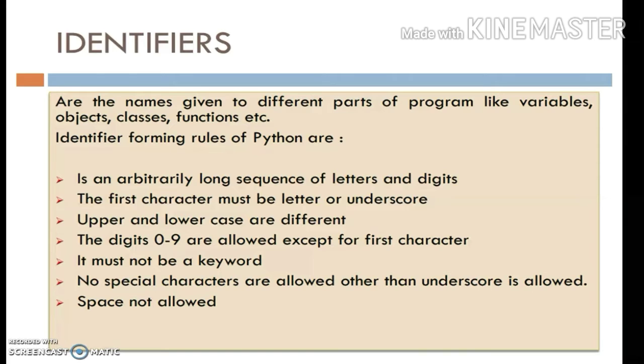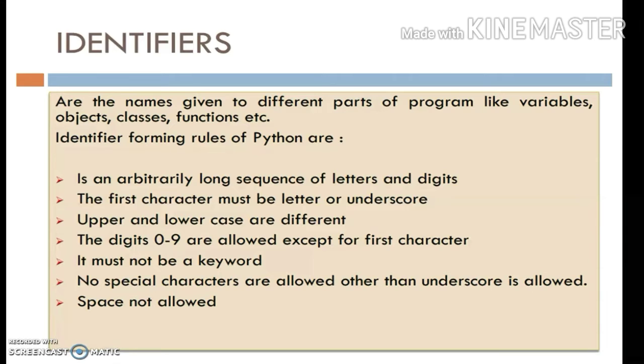The identifier forming rules of Python are: first, an arbitrary long sequence of letters and digits. You can use a sequence of letters and digits as an identifier. Second, the first character must be a letter or underscore.